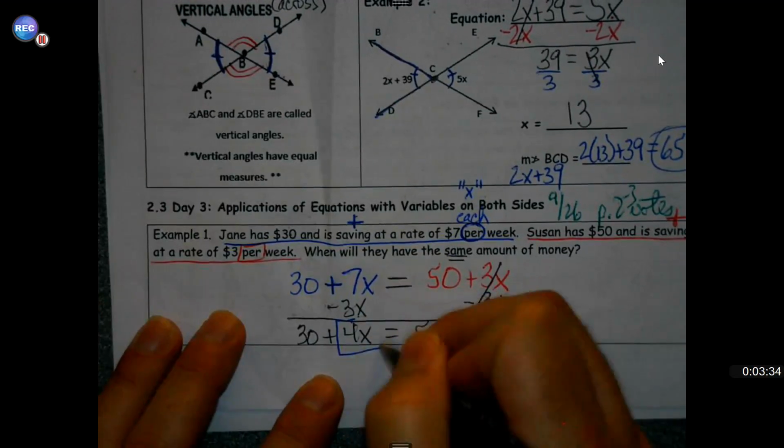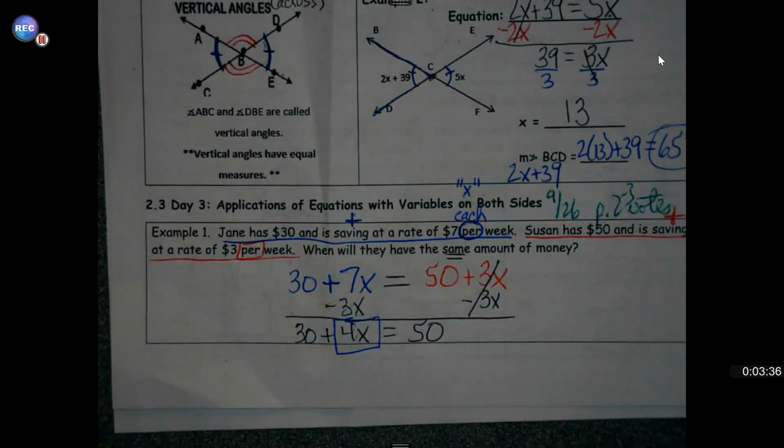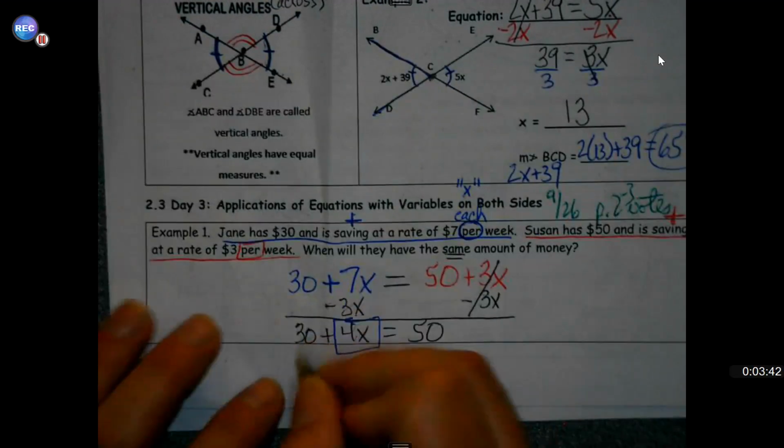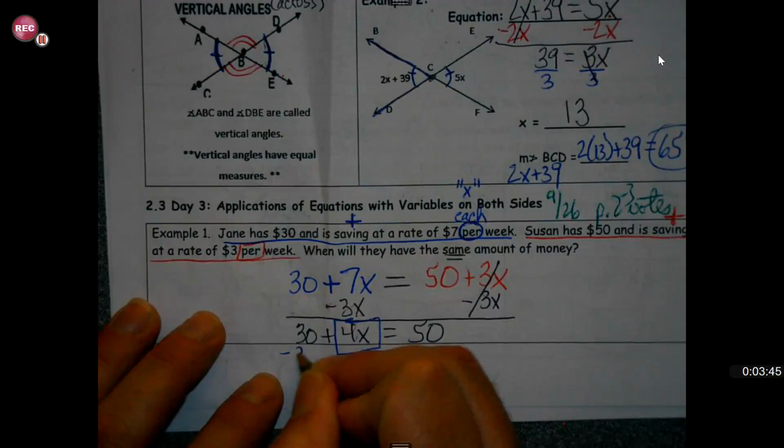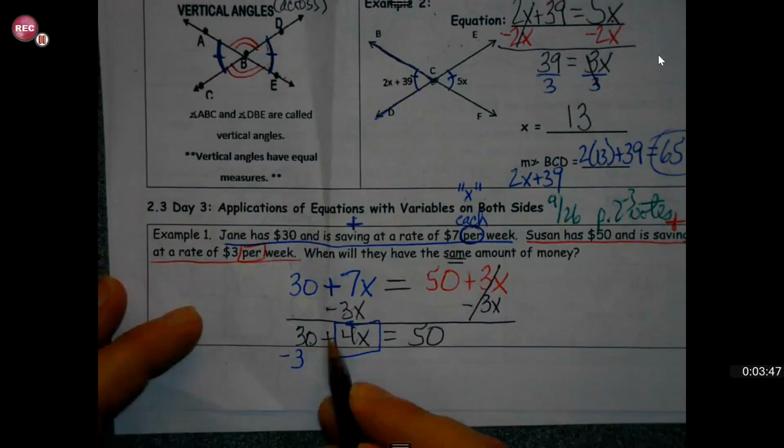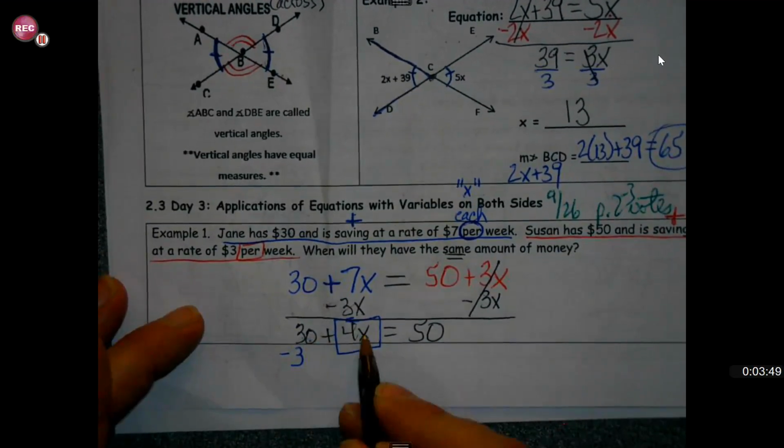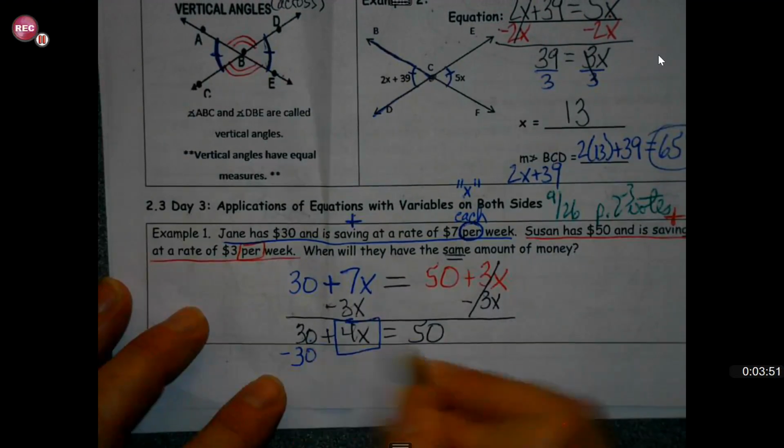Once all our x's are together, now the job becomes to get them alone, to isolate them. So again, I have a positive 30 here, or I'm adding 30 to 4x. I got to do the opposite.